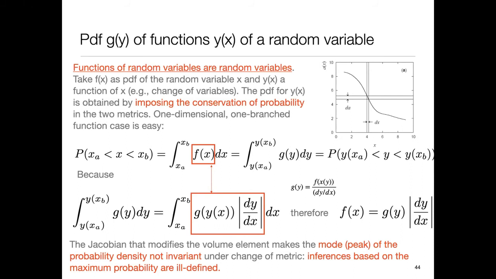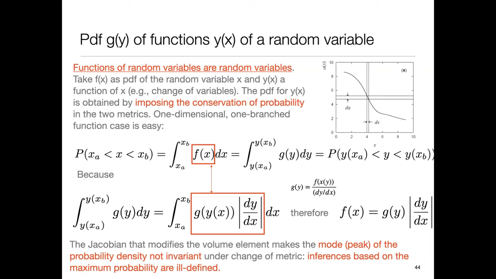You just have to impose the conservation of probability, which is in this first line here. Basically, I'm imposing that the probability that X is observed between XA and XB should be the same as the probability of observing Y between the values of Y of XA and Y of XB, you see here on the right.